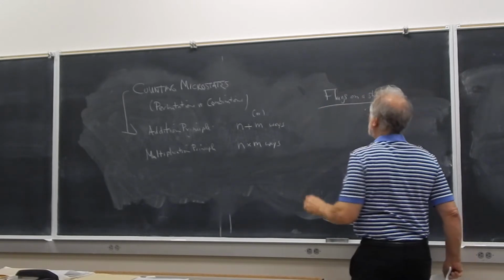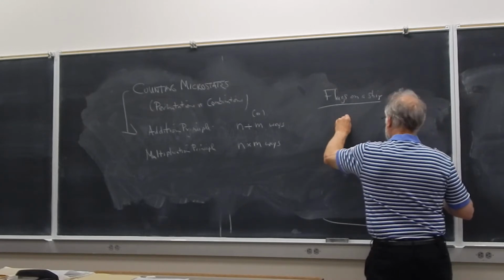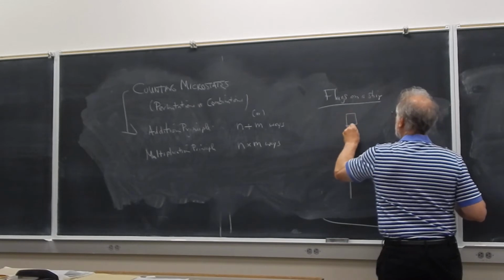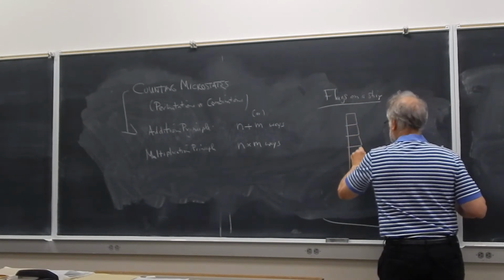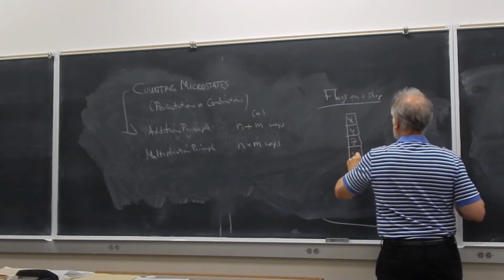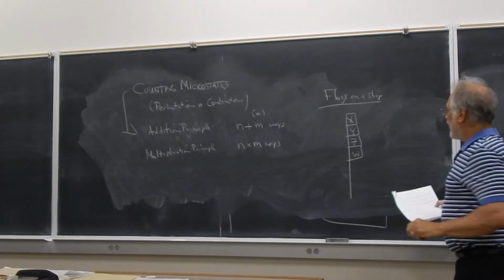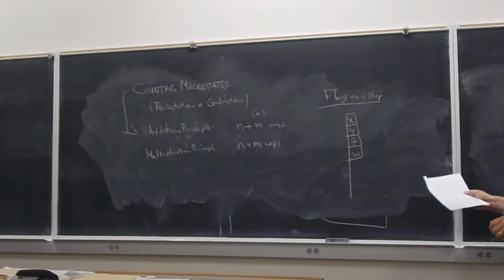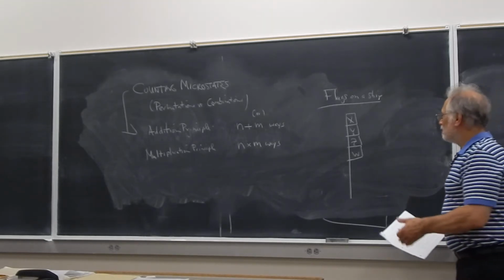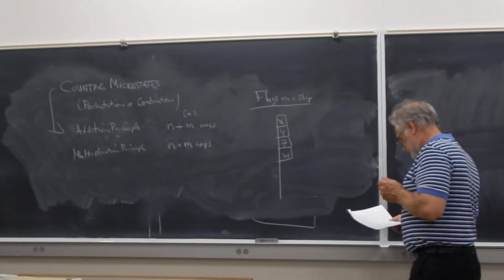Call this the flags on a ship problem. I have a ship with a flagpole, and I can hang any of 4 distinct flags on the ship: X, Y, Z, and W. And by hanging a subset or some set of these flags, I can send a message, essentially a code, to other ships or other entities.